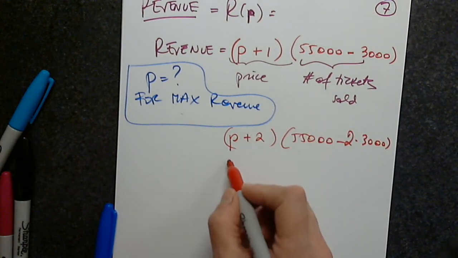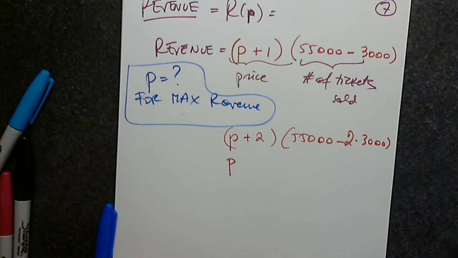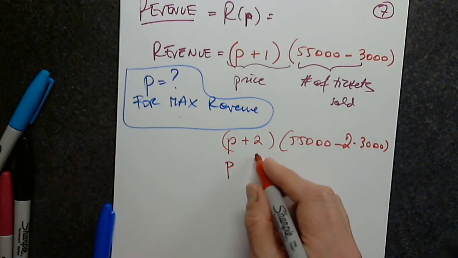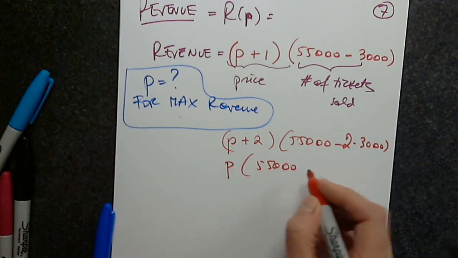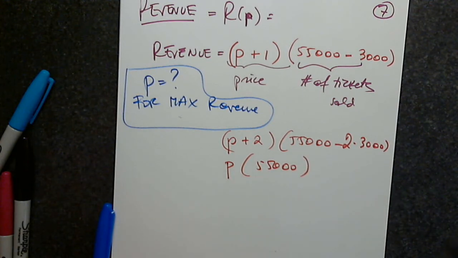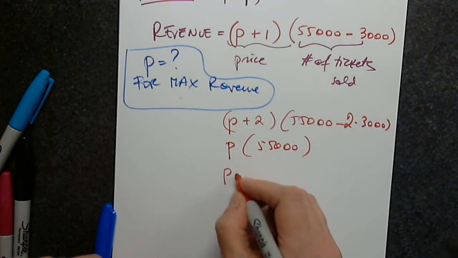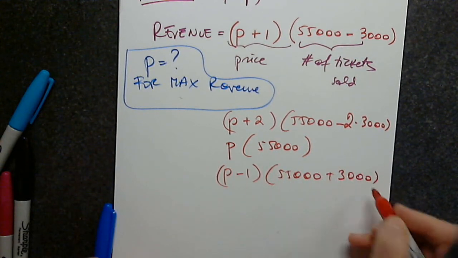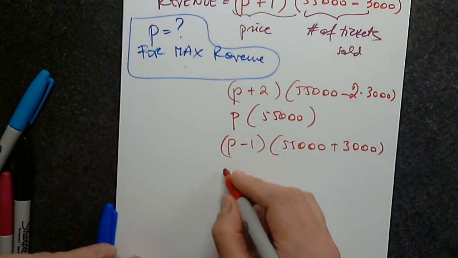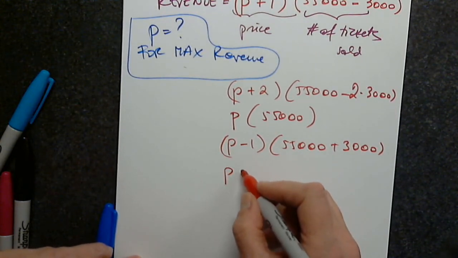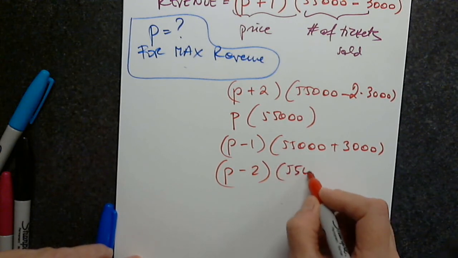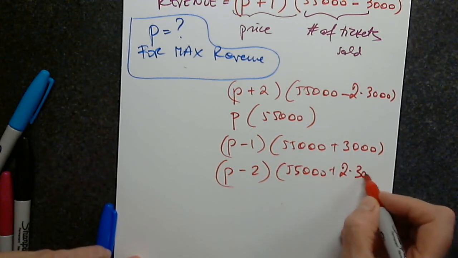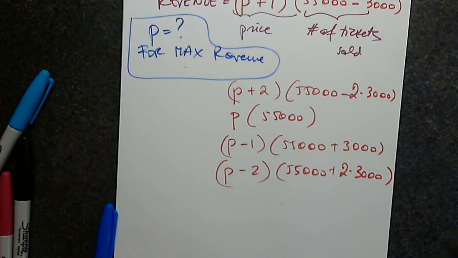If I decrease now the price, and if I have P, then I have 55,000. If I have P minus 1, then I have 55,000 plus 3,000. If I have P minus 2, then I have 55,000 plus twice 3,000. This is the main idea. We haven't gotten to a function just yet.